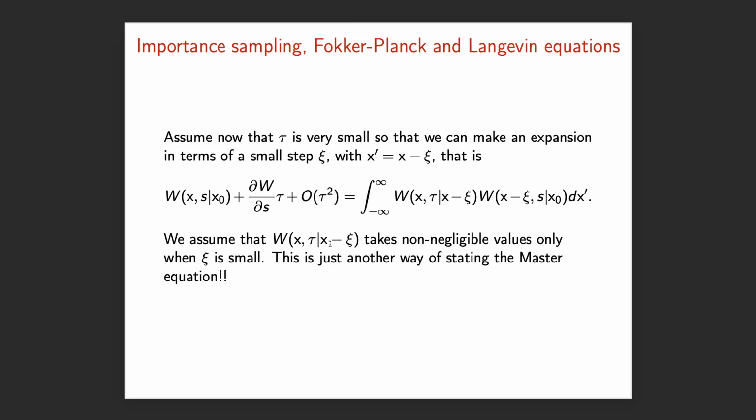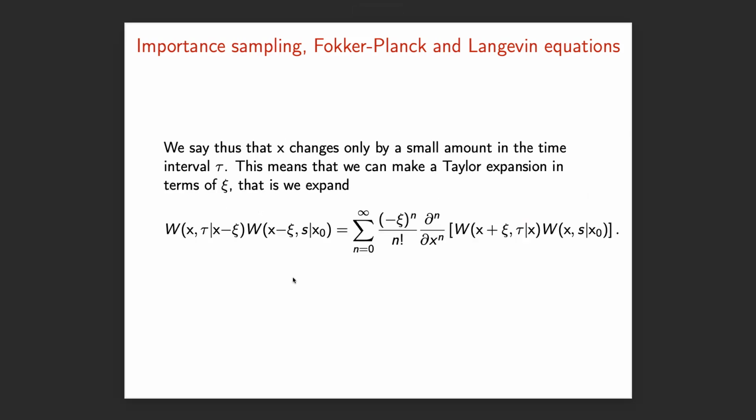And you assume that this quantity takes non-negligible values only when this quantity is small. Actually, this is the same as we discussed earlier, which is called the master equation. If you then think of a Taylor expansion, you just need the higher derivatives. That means this quantity can be written out as an expansion in terms of higher derivatives of this quantity here. Okay?